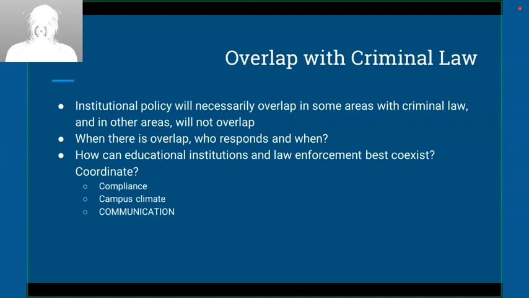I think this is absolutely critical to ensuring that the concerns students may raise are addressed in a way that's not just legally compliant, but also effective and appropriate.